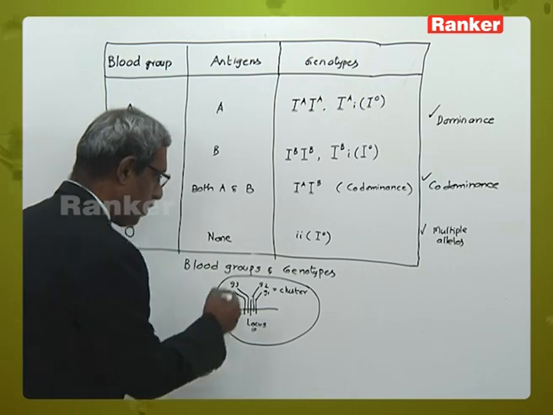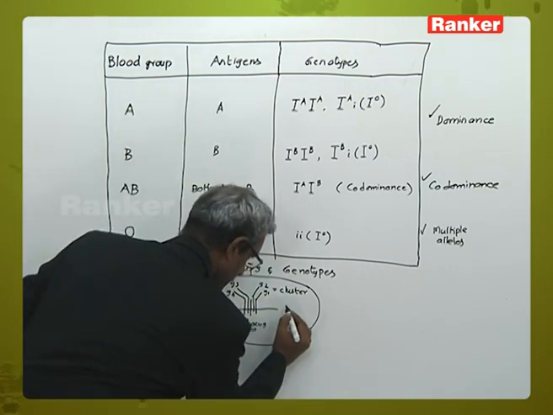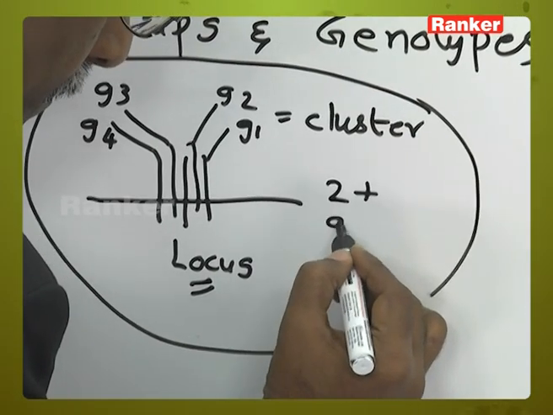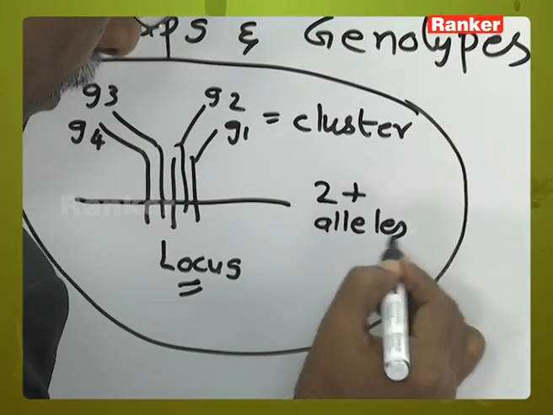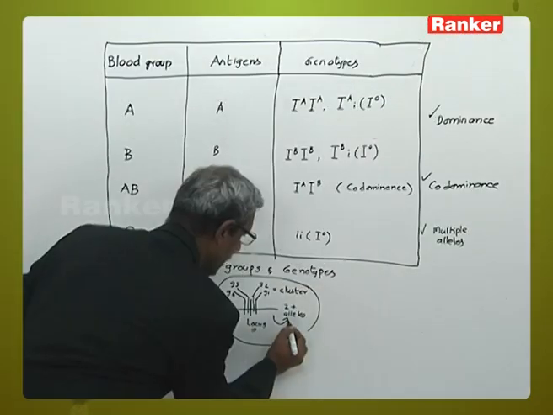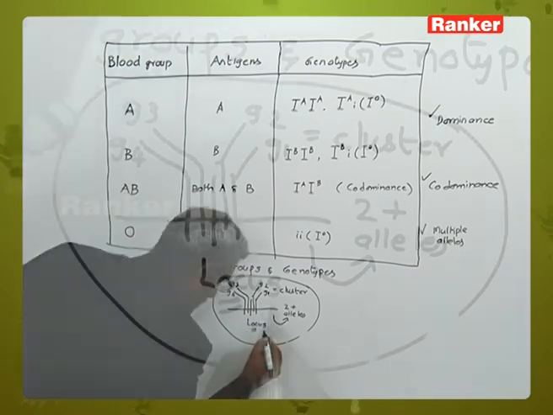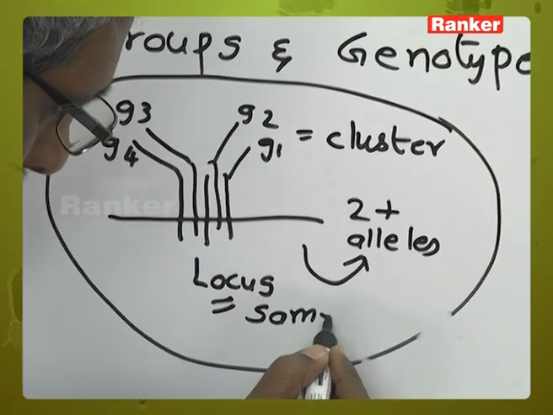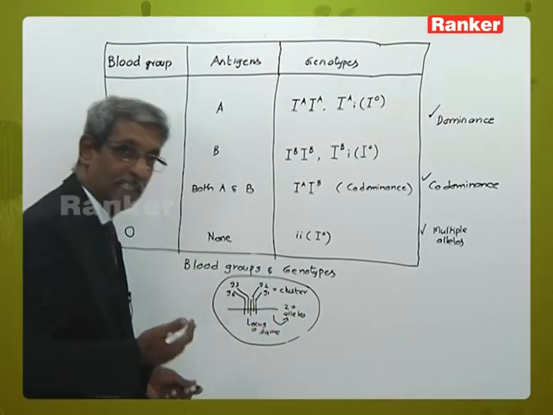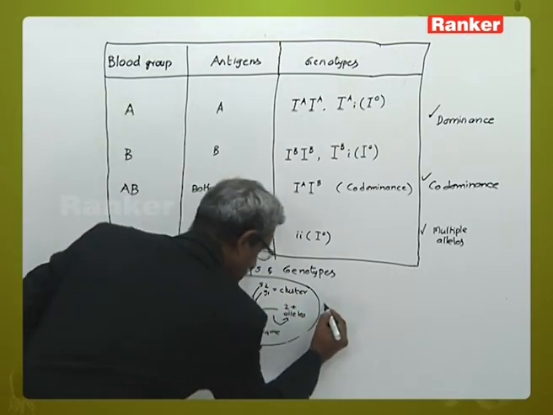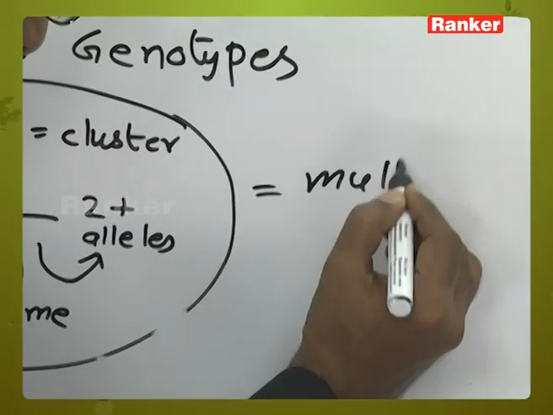And here you have two or more alleles present at the same locus, the locus is the same, but the genes in the alleles are different. So this is termed as multiple alleles.